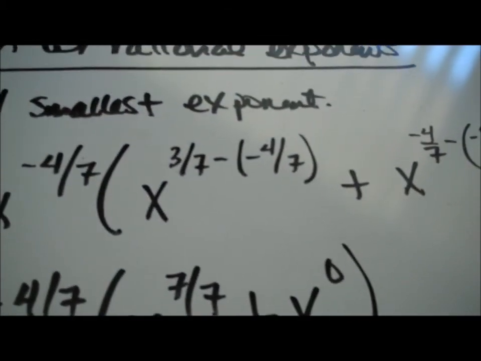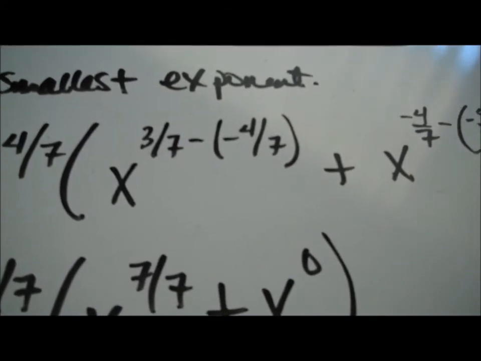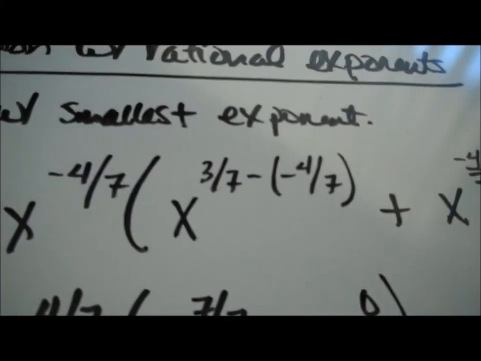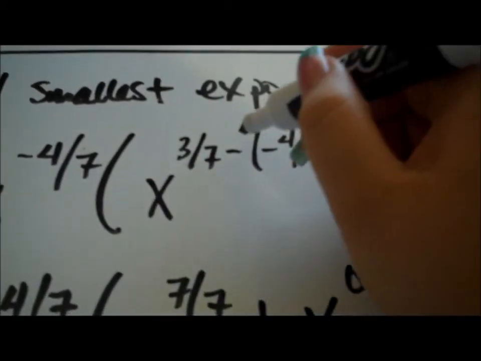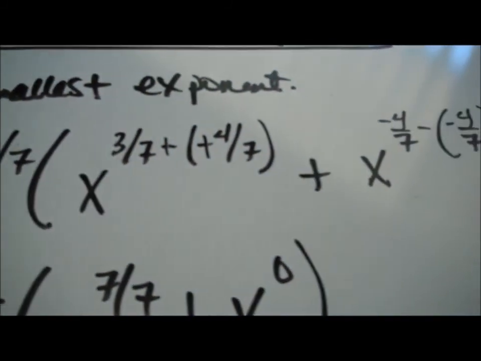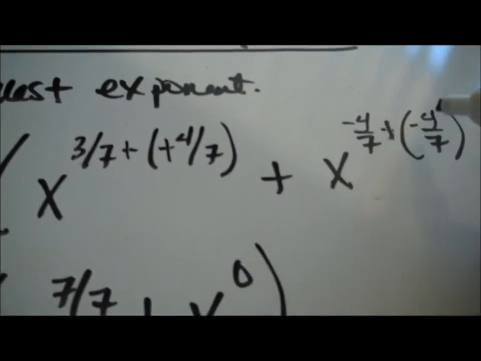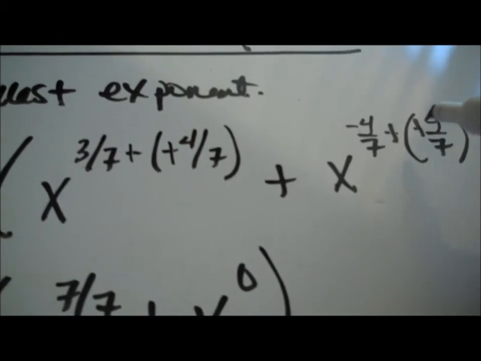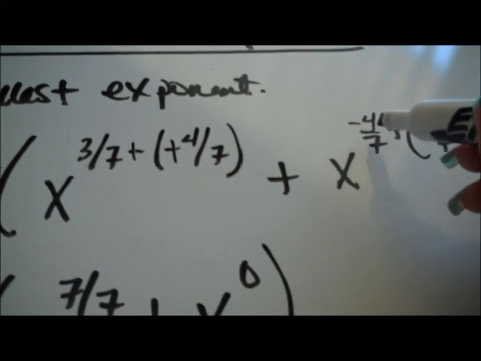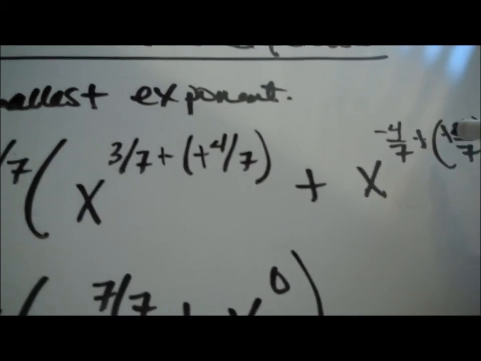Remember that when we have double signs, those double signs turn into positives. So that becomes a positive, and that becomes a positive. This one does not become a positive. It's just the two that are right here.